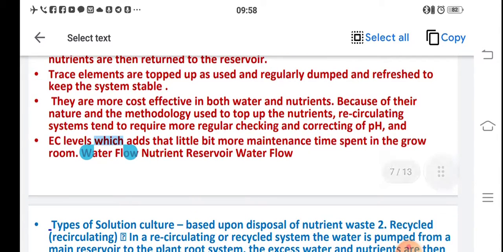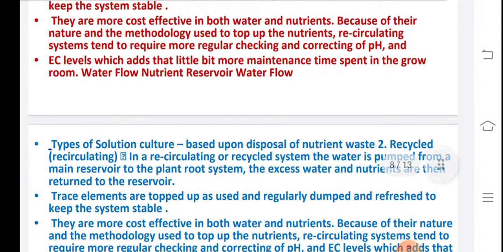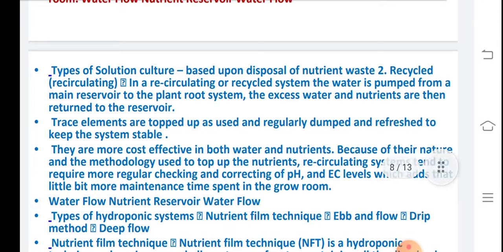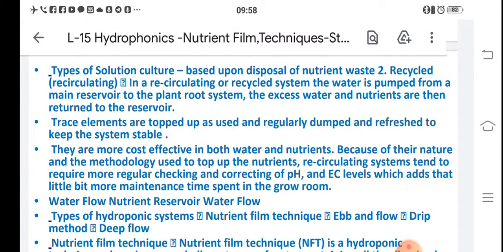The pH of the water and the EC level, electrical conductivity, are maintained, and the nutrient reservoir is given through the water flow. In the types of solution culture, there is the disposal of nutrient waste and, secondly, the recirculating solution cultures. Trace elements are to be dumped and refreshed in the system.